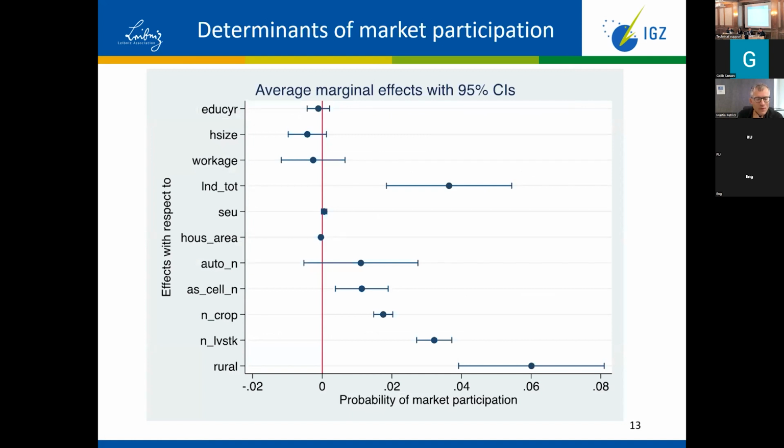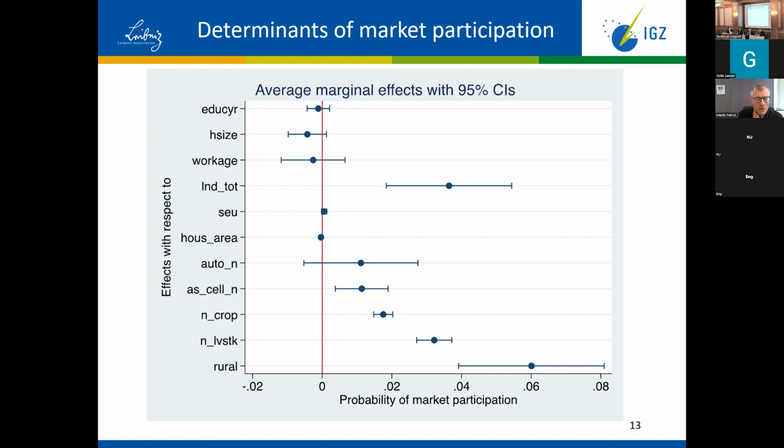So here I'm going to show you determinants of market participation. It's a simple logit model, not accounting for the panel structure of the data, and practically showing what are the factors that play a role for the households to be a market participant or seller.